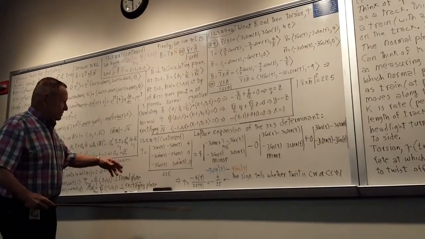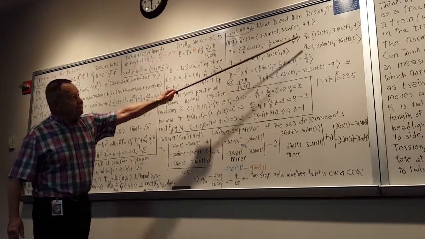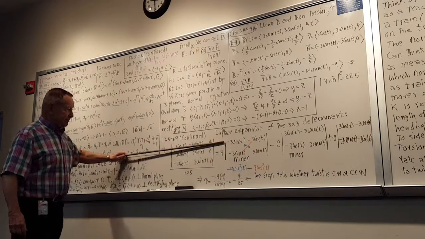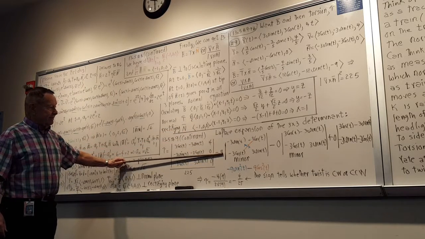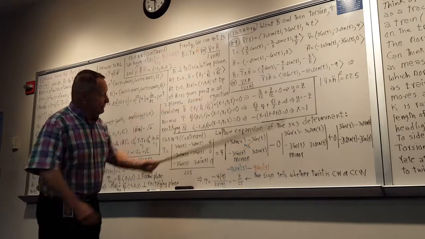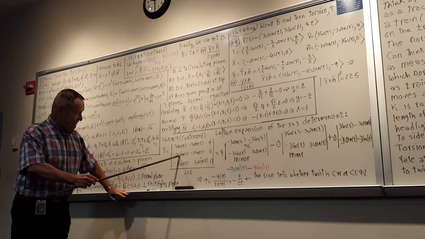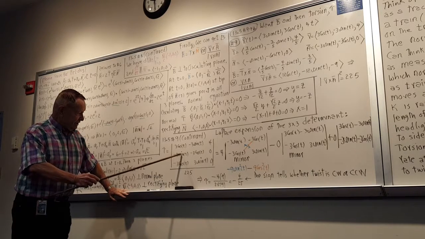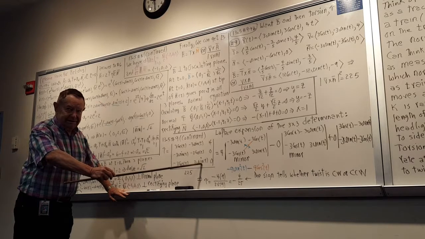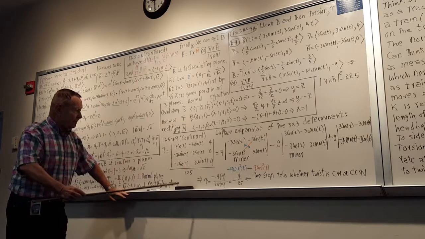So that gets me from here, the velocity, see, 3 cosine, minus 3 sine, and 4. And then the acceleration, minus 3 sine, minus 3 cosine, and 0. And then the derivative of that, and you see the derivative of sine is cosine. Cosine takes you to minus the sine, so that makes this plus, and 0 takes you to 0.